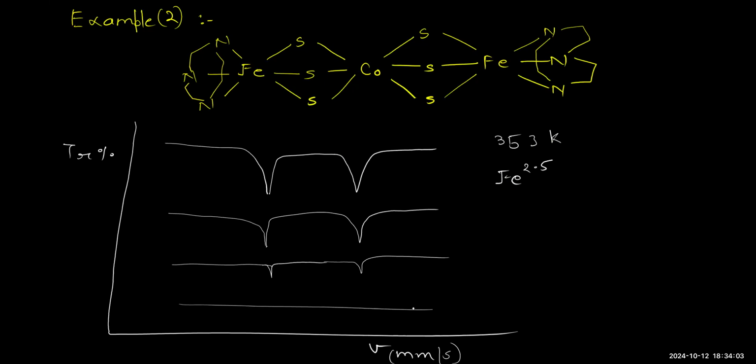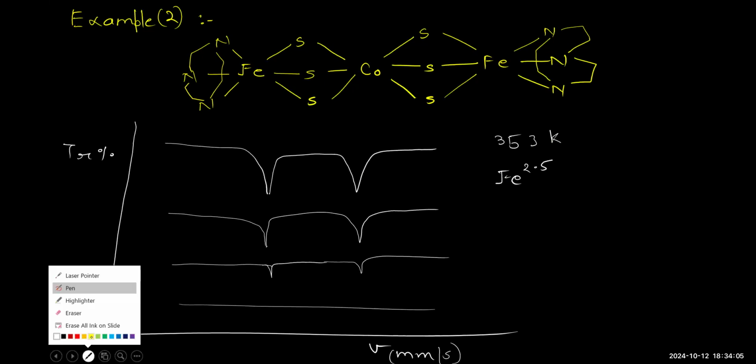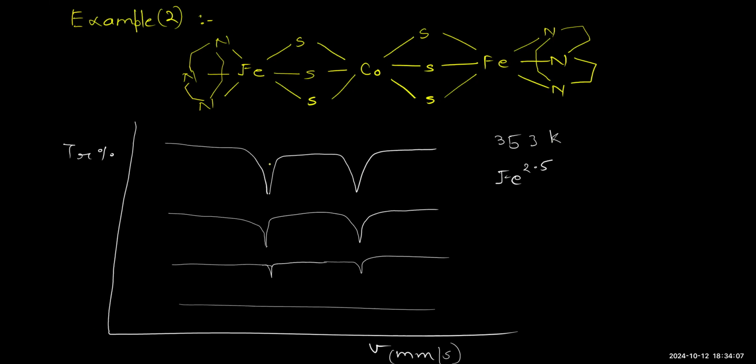Ultimately, then it was not there. Then we started having one more peak, which is of Fe 3, that started increasing. And the Fe 3 value.